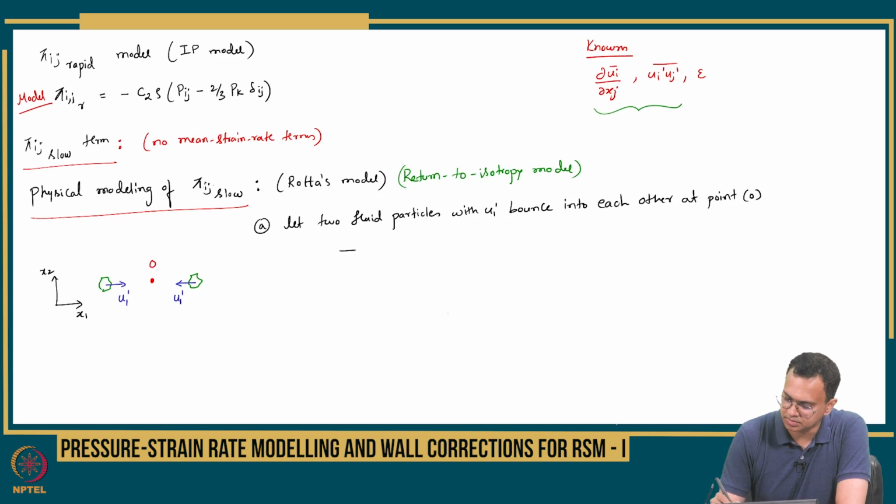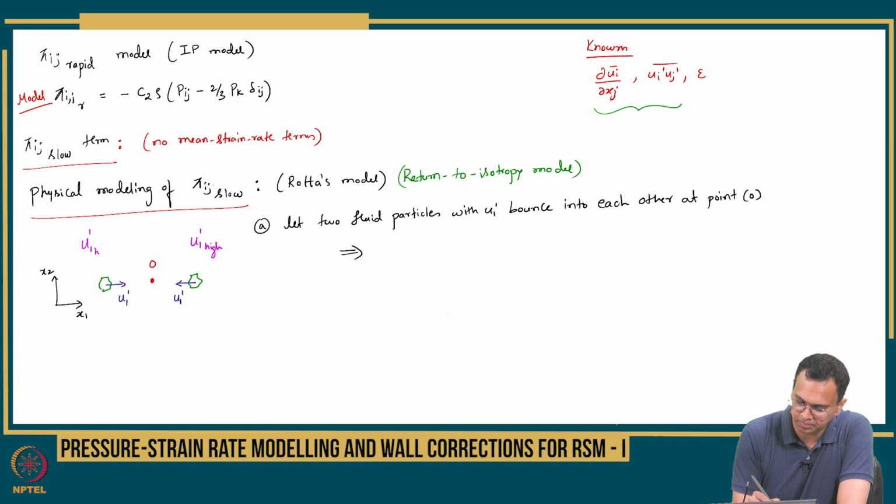When this occurs, look here: you have higher turbulence fluctuation in the zone I am talking about, and the same thing here, u1 prime high. When it collides, you will have a lower u1 prime fluctuation at the collision zone.